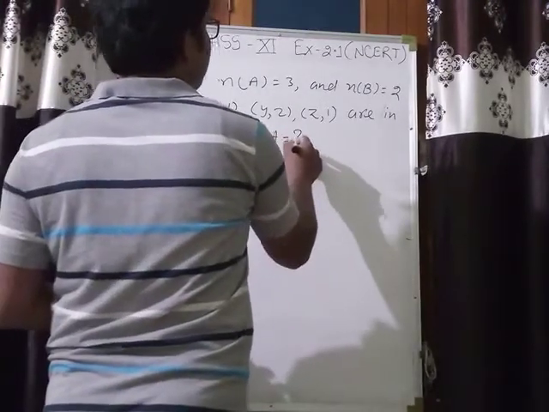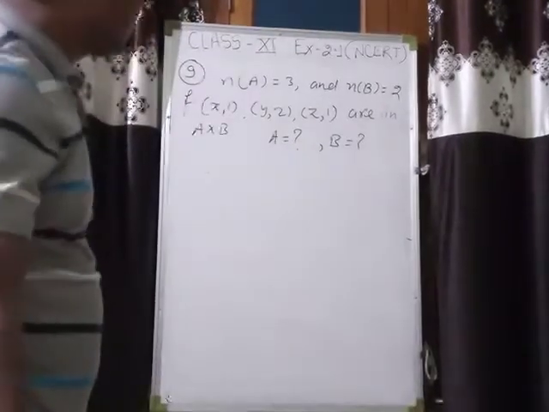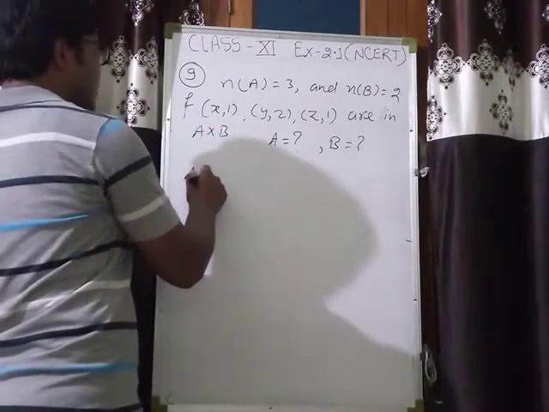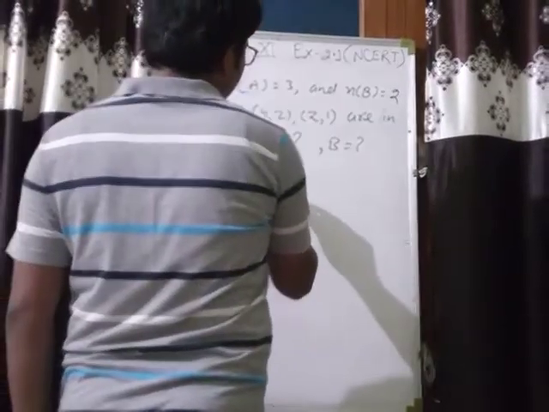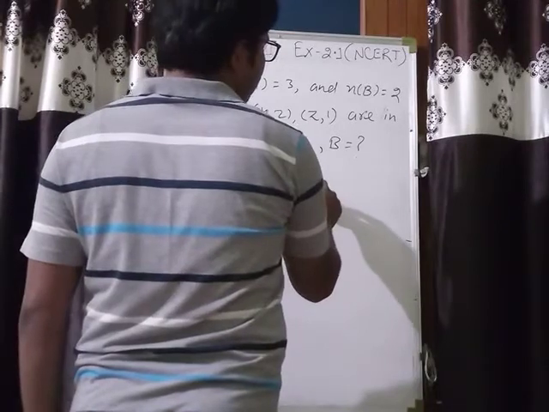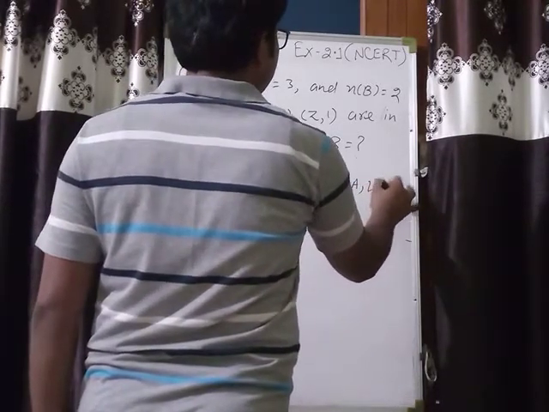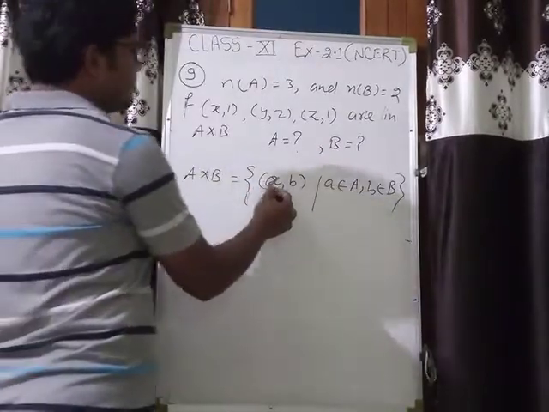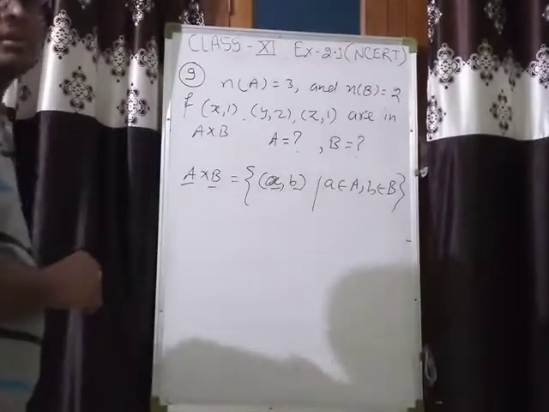We have to find A and B, where x, y, z are distinct elements. So we know that A Cartesian product B is the collection of all ordered pairs (a, b) such that a belongs to A and b belongs to B. It means the first element belongs to the first set and the second element belongs to the second set.